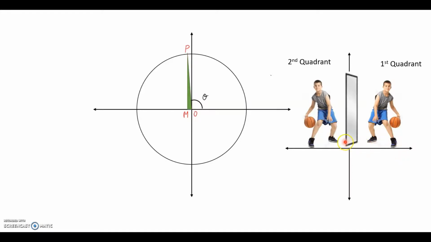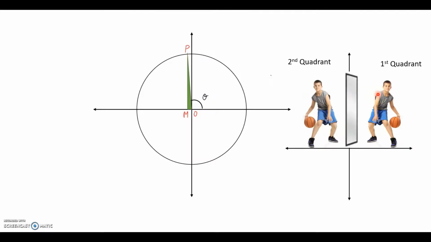So if you place a mirror here, you will see his reflection on the mirror and you will see this image, right? Now his shoulder height will be exactly the same in the mirror as it is in the real world, right? So they will be on the y-axis. So if you're going to draw a straight line here, they will be in the straight line.